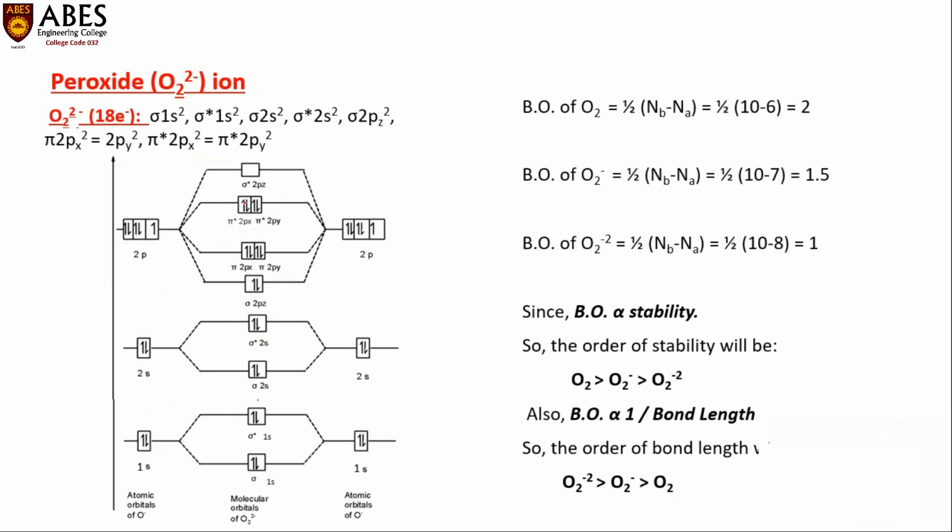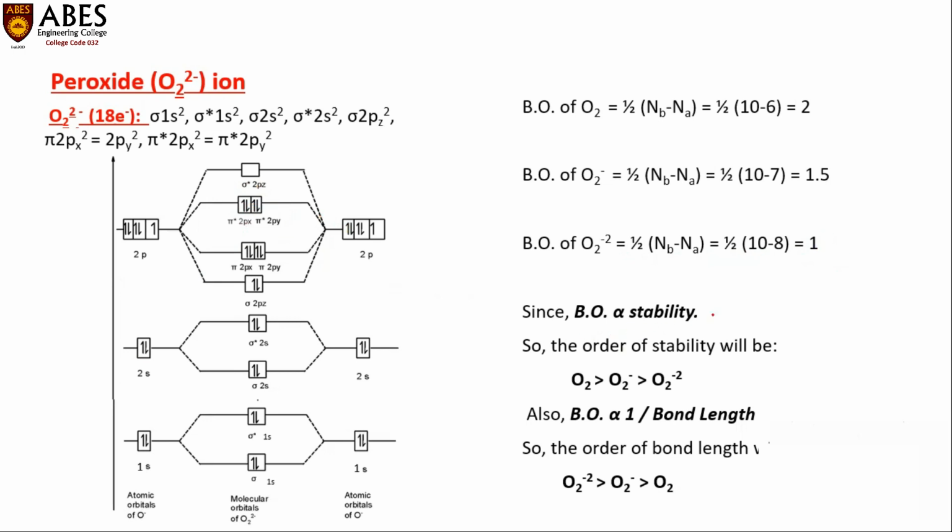So after the filling of the 6 electrons, the 7th electron, 8th electron, 9th electron and the remaining 10th electron will enter the anti-bonding orbitals as well. So the peroxide of oxygen will show diamagnetic behavior, and the bond order of the molecule will be 10 minus 8 over 2, which means it will show a bond order of 1.